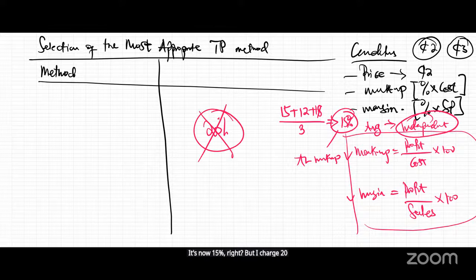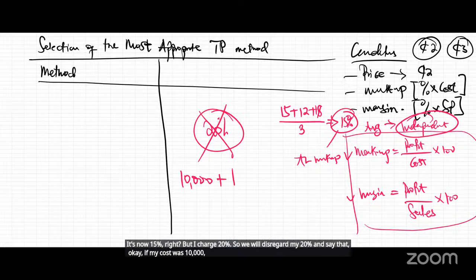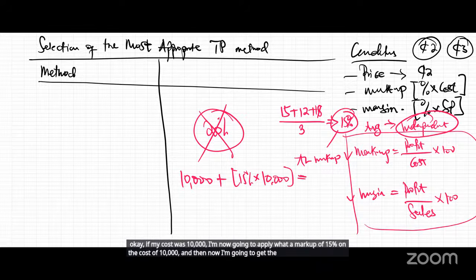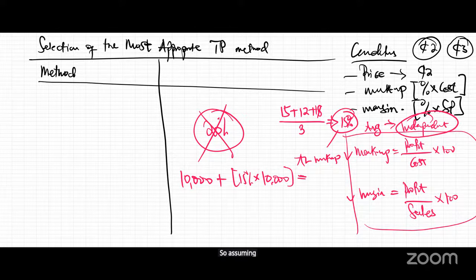So we will disregard my 20% and say that, okay, if my cost was 10,000, I'm now going to apply a markup of 15% on the cost of 10,000. And then now I'm going to get the appropriate selling price. So assuming initially I applied 20%, which made it what? Let's say before I sold it at 12,000, right?